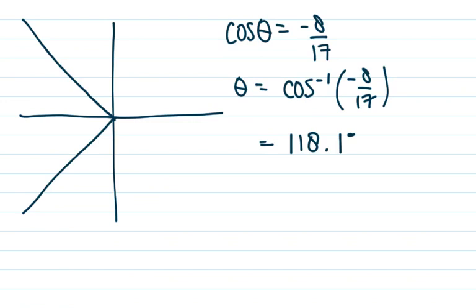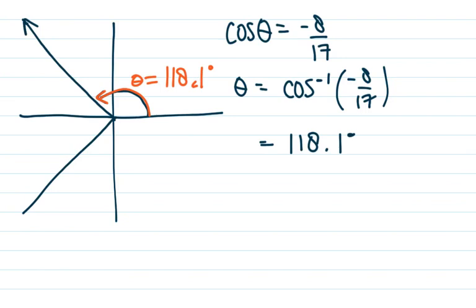All right, so 118.1. Quadrant 1 goes from 0 to 90, so it's bigger than that. So yes, it is in quadrant 2. So that means this angle here equals 118.1.